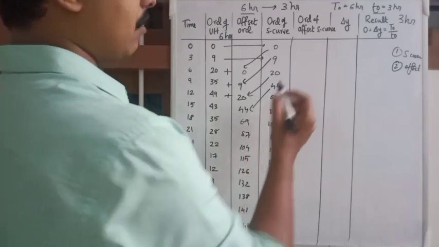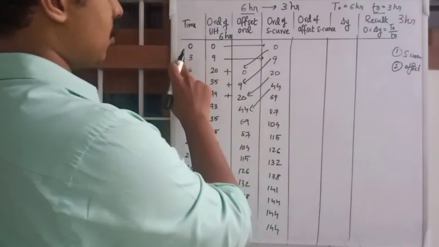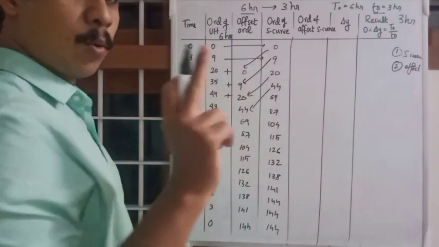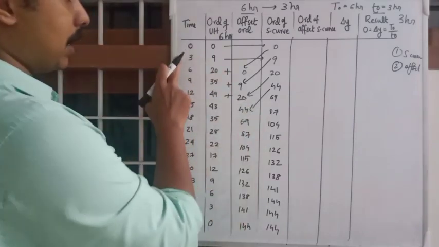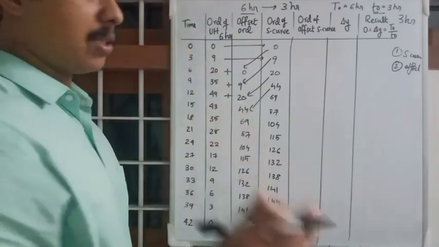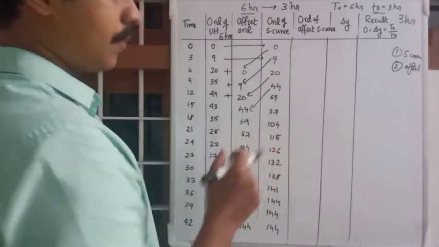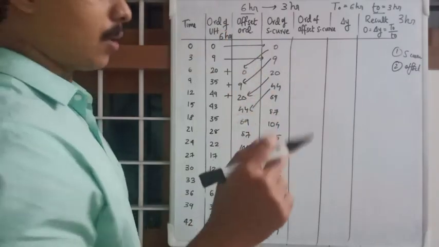So 3 hours means you just have to offset it by 1 row, since 0, 3, 6 hours means the interval is 3 hours. So offset it by just 3 hours, that is 1 row.